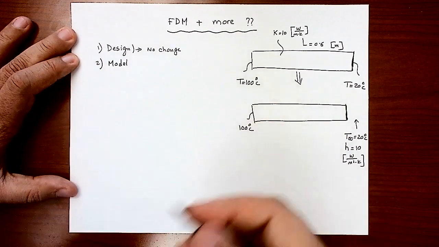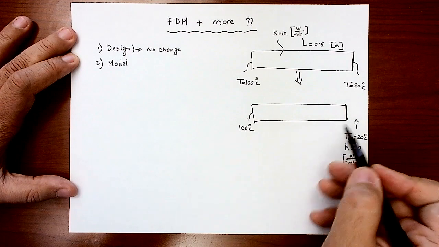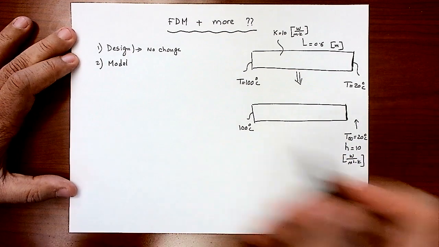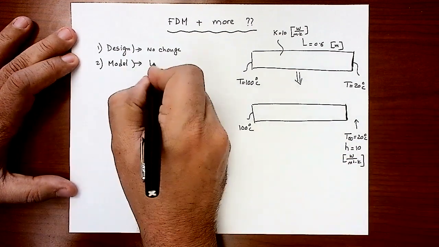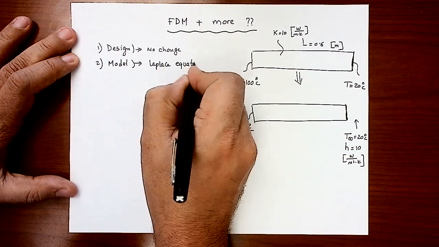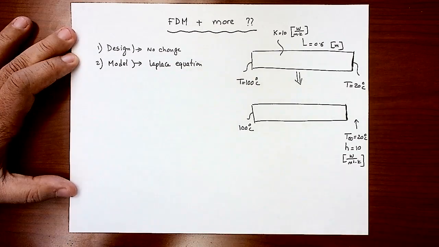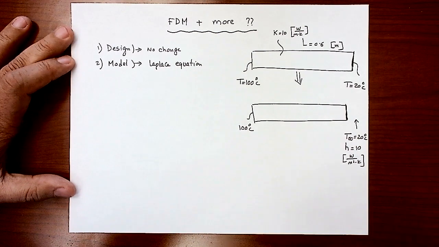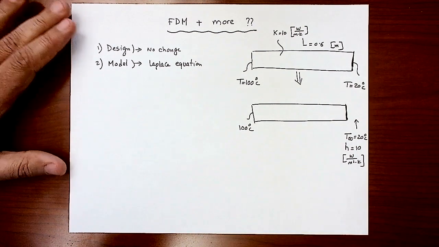Again, I would like to get the temperature distribution within the bar, so I'm still with the Laplace equation. With the assumption that it's one-dimension, steady state, with no internal source of heat generation, I end up with the Laplace equation starting from the heat diffusion equation.